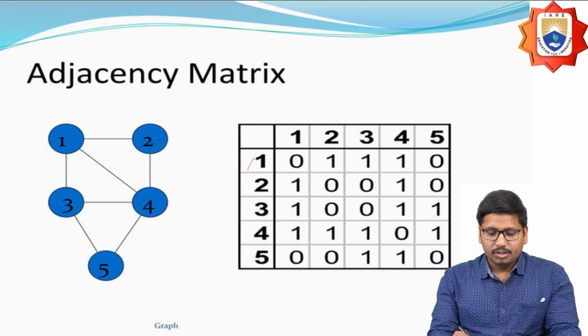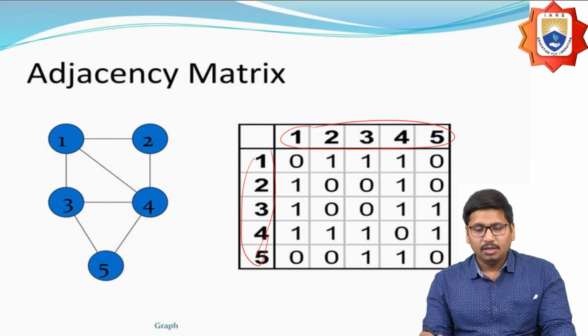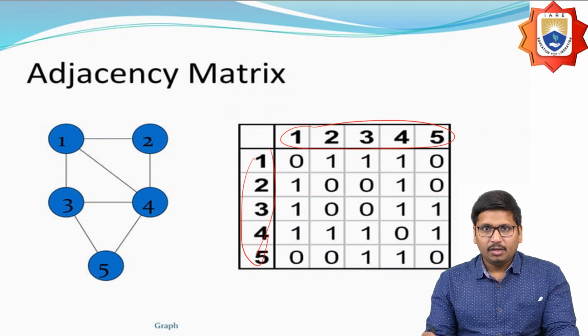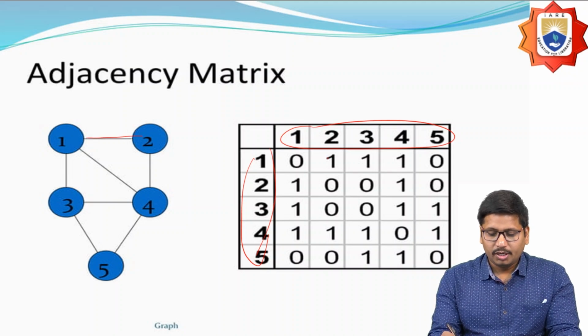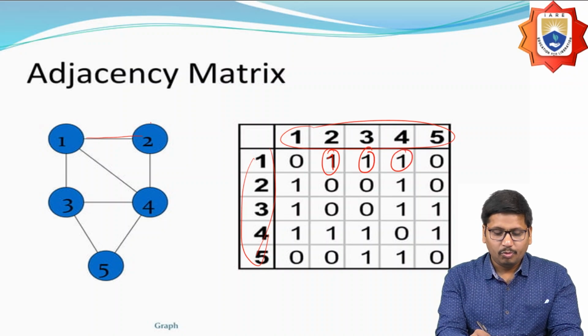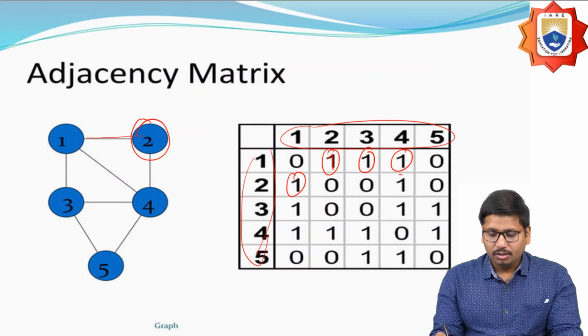So if I'm going to consider 1 2 3 4 5 along the x-axis and 1 2 3 4 5 along the y-axis, and make a convention like this, if there is an edge from 1 to 2, I have to mark it as 1, and 1 to 3, 1 to 4. The remaining are all zeros. If I consider 2, I have an edge from 2 to 1, 2 to 4.